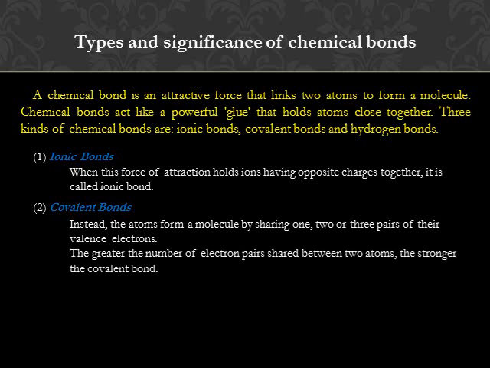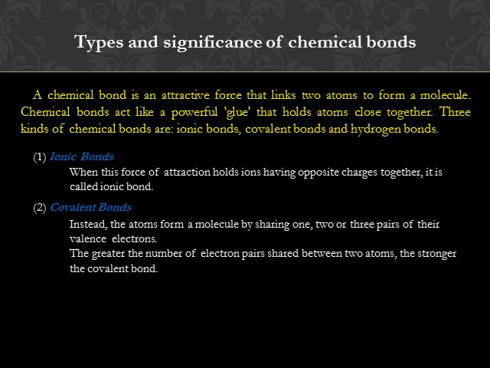The greater the number of electron pairs shared between two atoms, the stronger the covalent bond. If two atoms are sharing one pair of electrons, then the bond is that much strong.